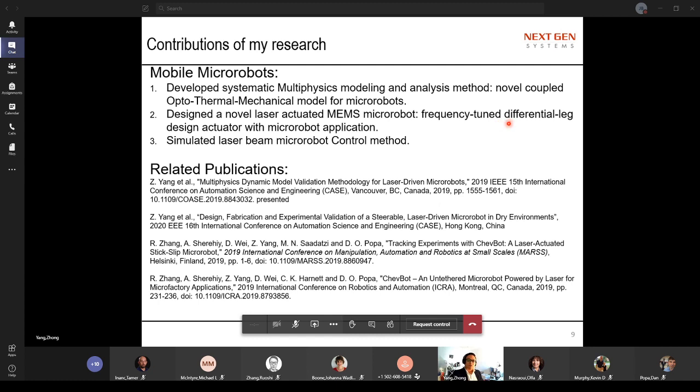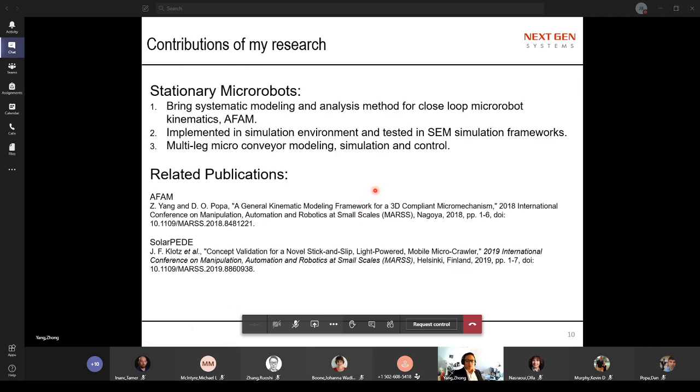I also simulated how we can control these things. For the stationary microrobot, my contribution is mainly on the modeling part. I modeled the forward and inverse kinematics of this microrobot and developed the simulation environment for it. Later we will test the real microrobot in the SEM environment.